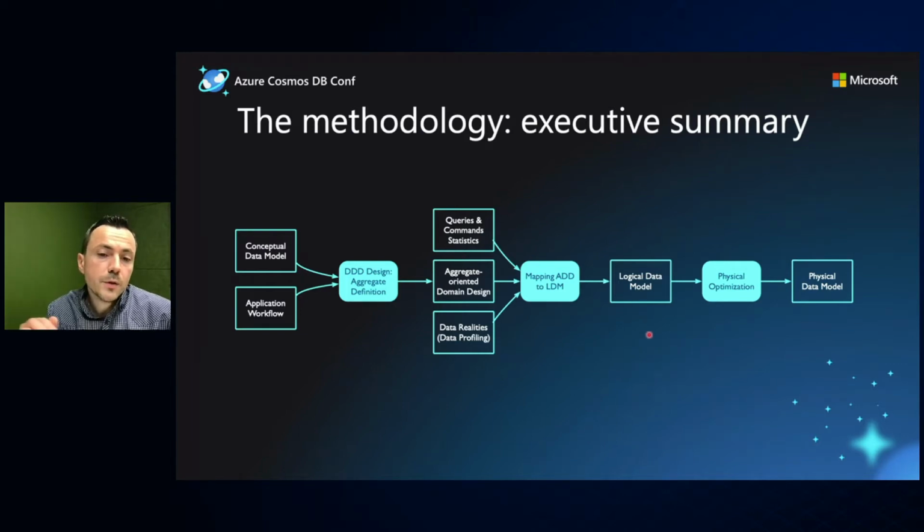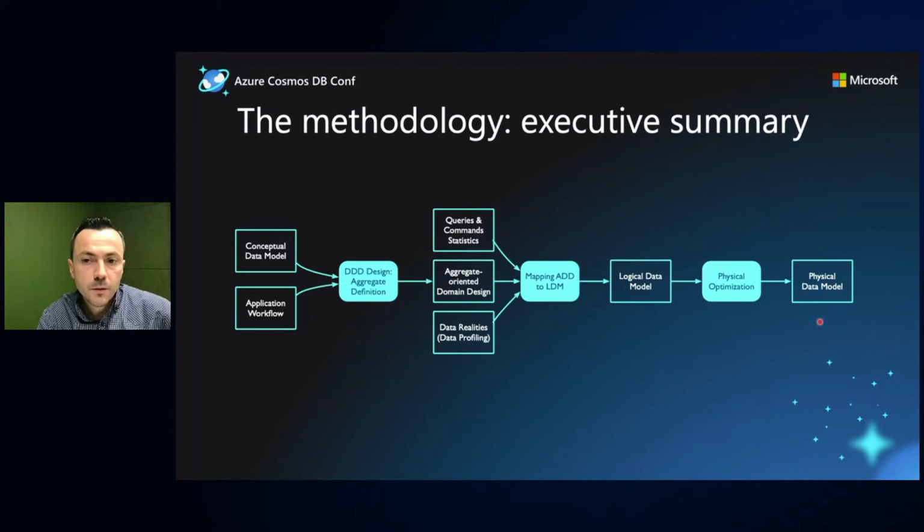The logical data model you can treat as a first version of the actual representation of the data on the Cosmos database side. And the very last step would be to apply a series of physical optimizations so that we can have the final version of the physical data model implemented on Cosmos database.